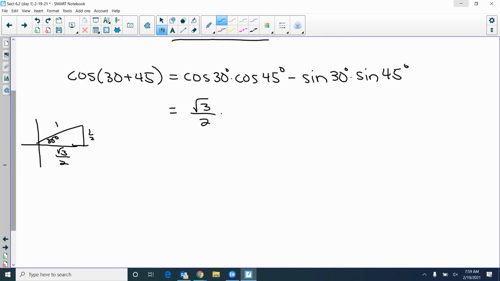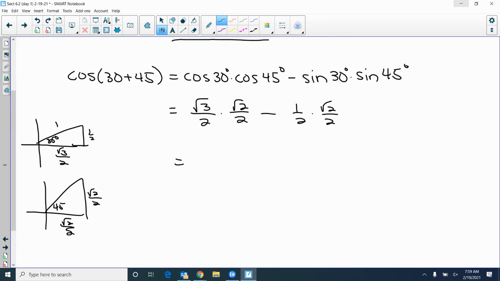Times, what's the cosine of 45 degrees? Well, that's radical 2 over 2. Minus, what's the sine of 30 degrees? Well, I already got the figures drawn. Sine of 30 degrees is 1/2. What's the sine of 45 degrees? Square root of 2 over 2.